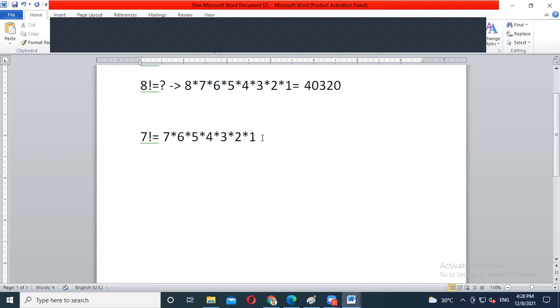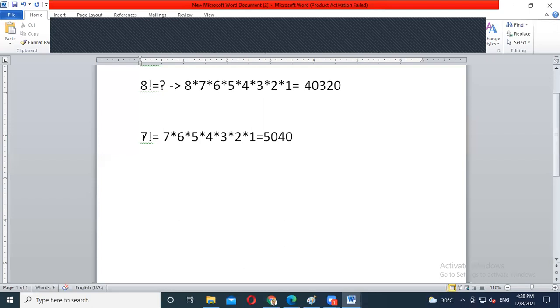Okay. So this is the value. How much are we getting? Tell me 7 into 6 into this. Please, anyone? 5040. Okay, 5040.